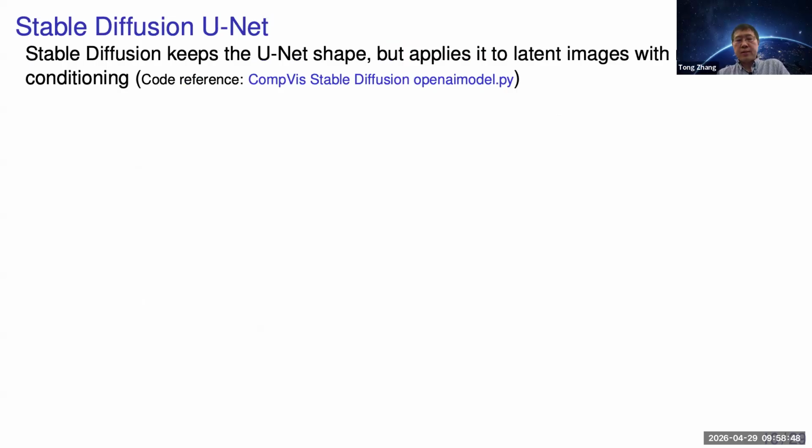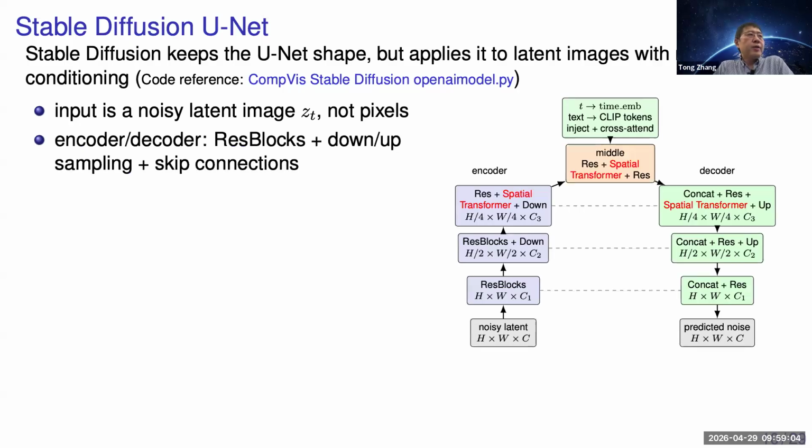It's roughly the same as what's in the paper, but basically there is a noisy latent image, right? Think about our earlier picture, it's 32 by 32 by 4. So encoder, decoder, ResBlock plus upsampling plus skip connections, right? Skip connection comes from this idea about UNet. This is the encoder. This is the decoder. This is slightly different than the standard CNN.